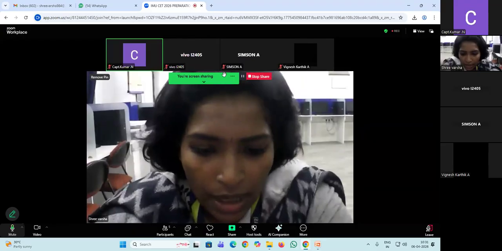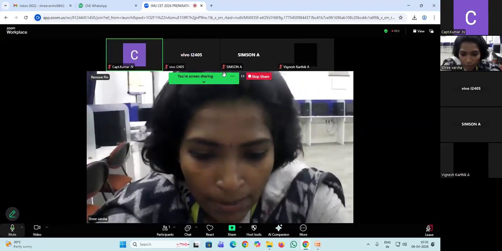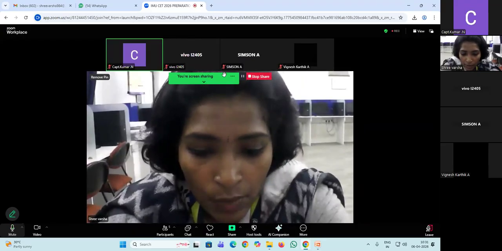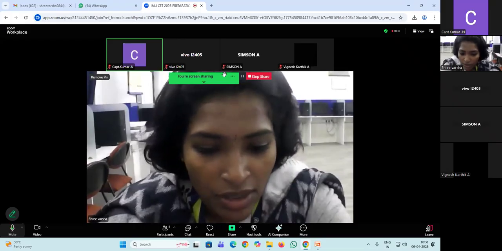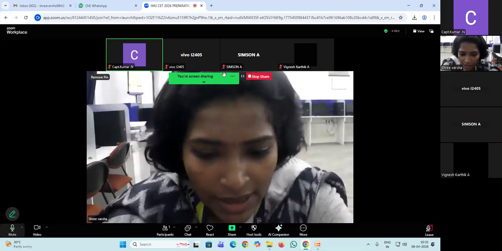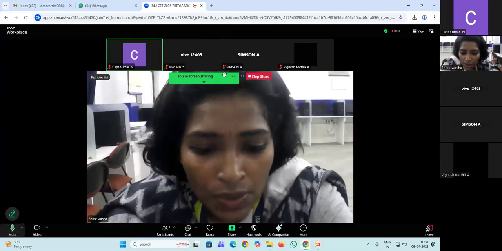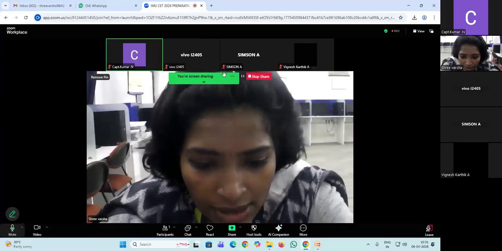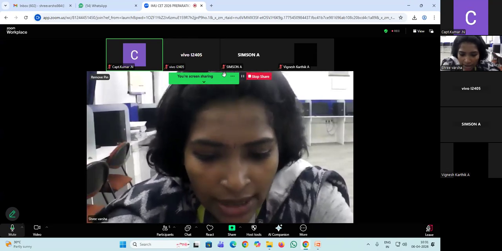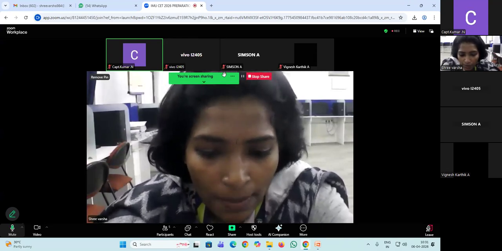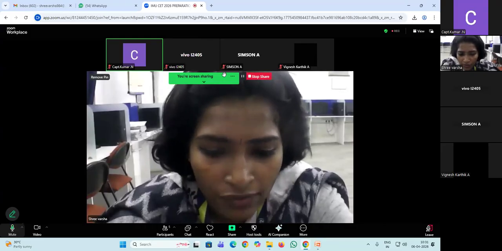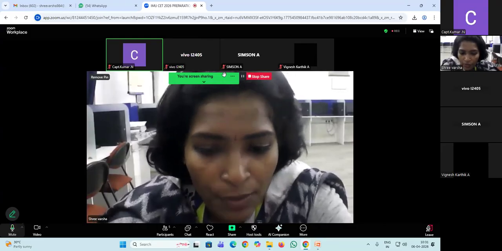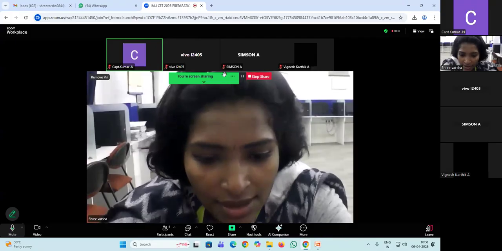So today I'll be explaining two important concepts, which are vocabulary development and jumble sentence. Vocabulary helps us to understand and use different words properly, while jumble sentence helps us to arrange words in the correct order to form a meaningful sentence. Both of these are very essential for improving our grammar and communication skills.